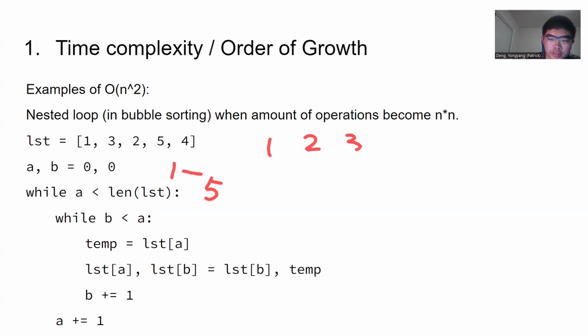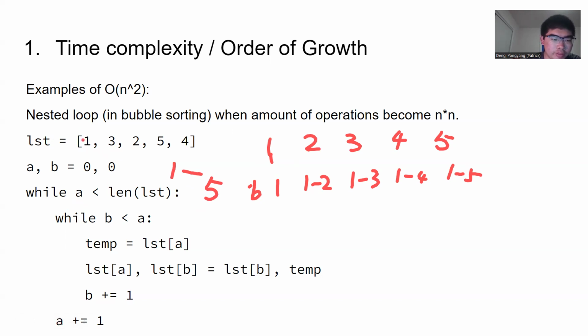So for 1, 2, 3, 4, 5, B will be only 1 for the first, then 1 to 2, 1 to 3, 1 to 4, 1 to 5. The same as the first one, if A is 1, B will only have 1. But when A goes to the second one, let's say 3, B will travel from 1 to 3.